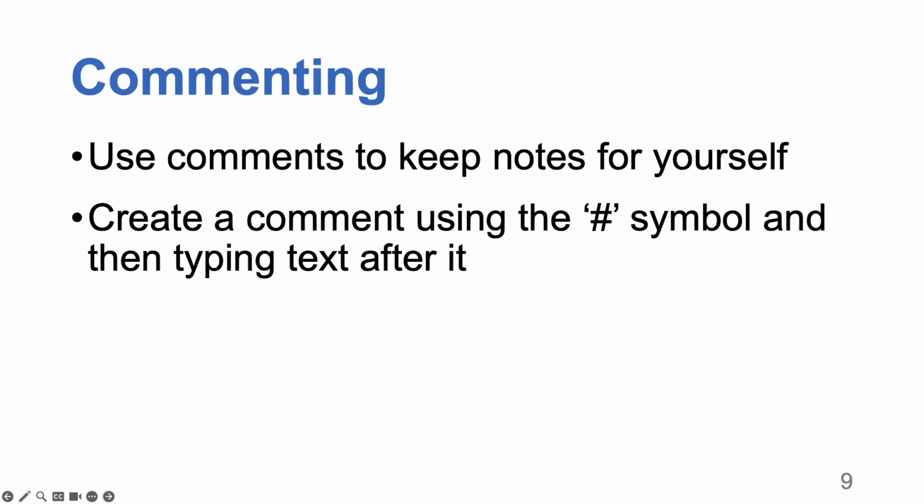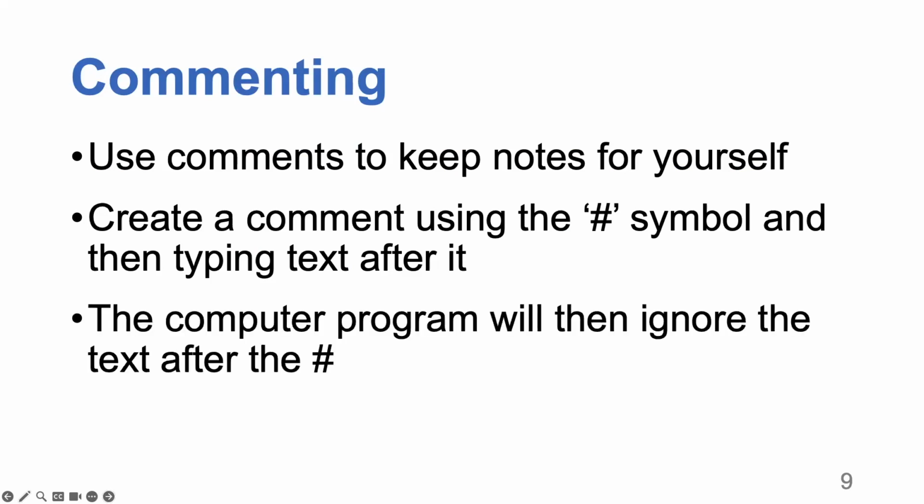The computer program is going to ignore the text after that, so you can leave little notes for yourself. And in RStudio, they'll show up in green when you do that. So commenting is really useful because sometimes you want to tell yourself what's going on. You're going to see in a lot of the sample programs for this course, I've done a lot of commenting to remind you of what it is that we're doing. So if you come back to it later, you'll understand it.